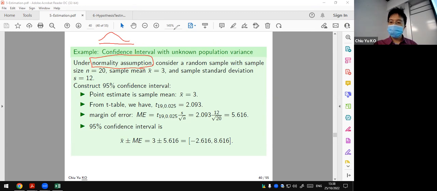And we consider a random sample of n equals 20. So n is small, which is why the central limit theorem probably doesn't really apply. The sample mean is 3, and S is 12.